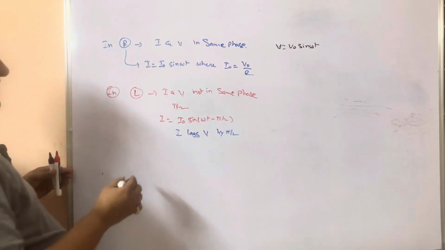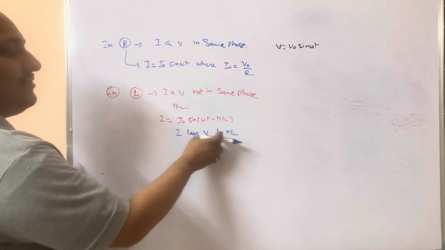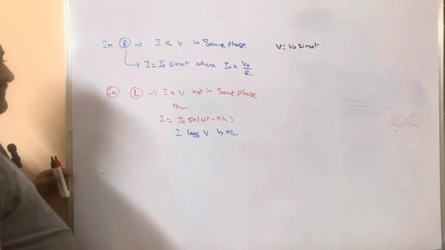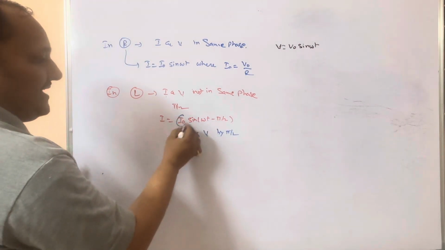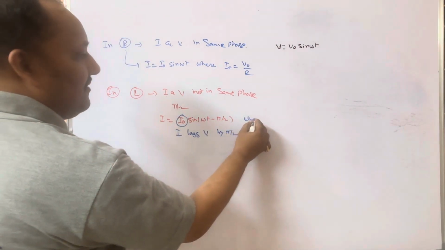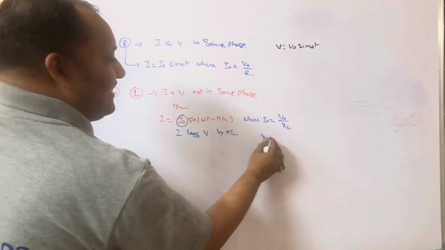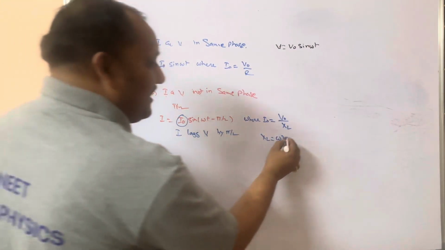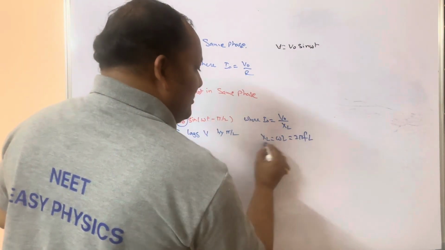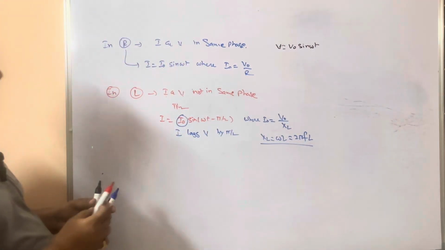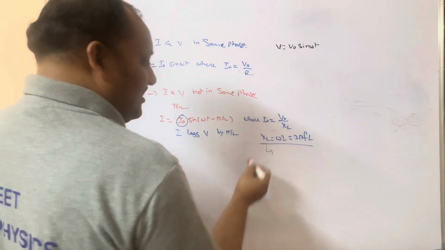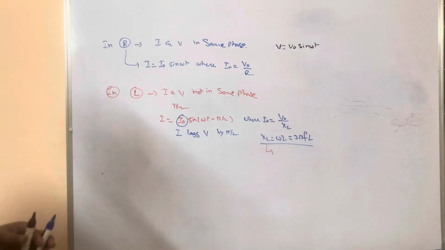Any one you can remember: current lags voltage by pi by 2. Now what is I naught here? I naught is V naught by XL. XL is omega L, that is 2 pi fL. XL we are calling inductive reactance.